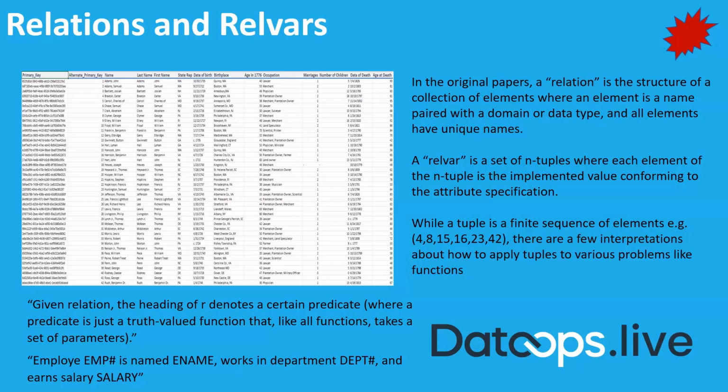Going back to definitions, in the original papers that Codd wrote and Date enhanced, a relation is the structure of a collection of elements, where an element is a name paired with a domain or data type.